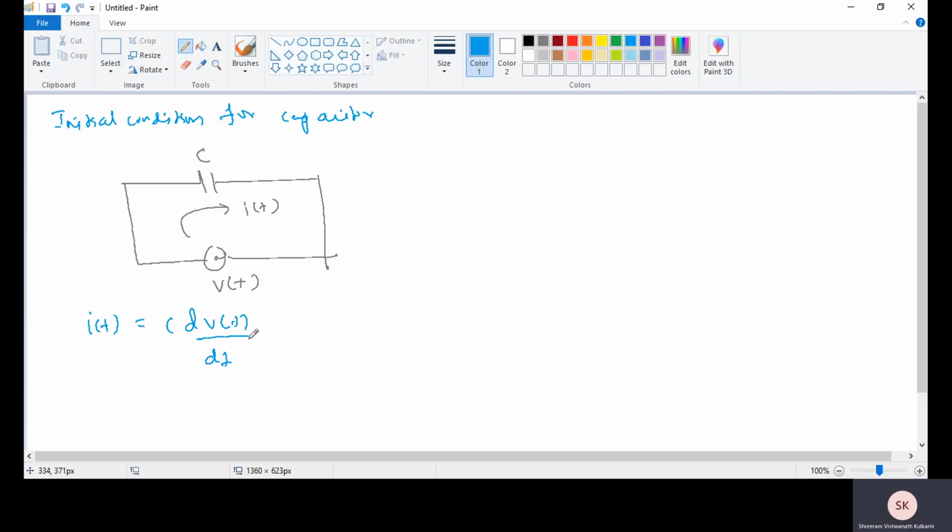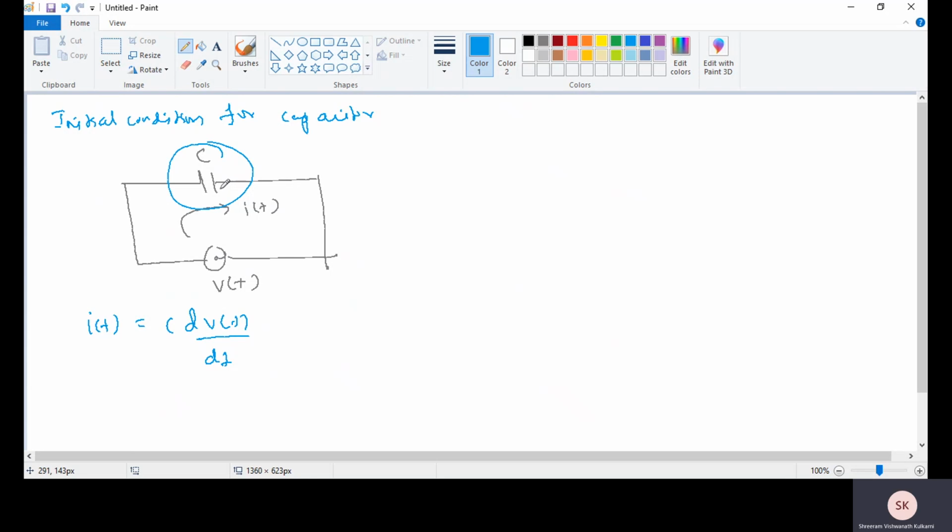Fine, and the voltage across this capacitor will not change instantaneously in a finite time. That is, it requires an infinite current through the capacitor. It requires infinite current through the capacitor for an instantaneous change of voltage across it.